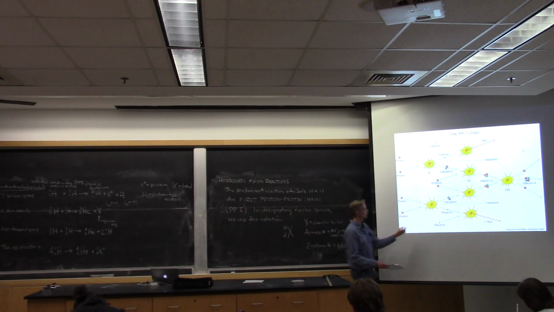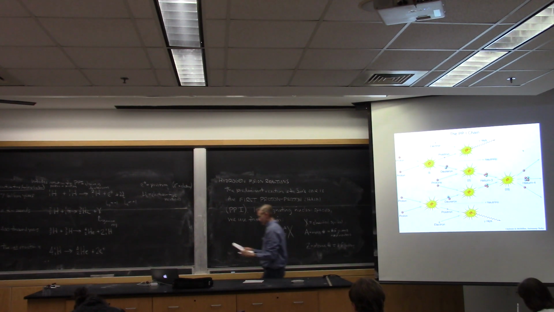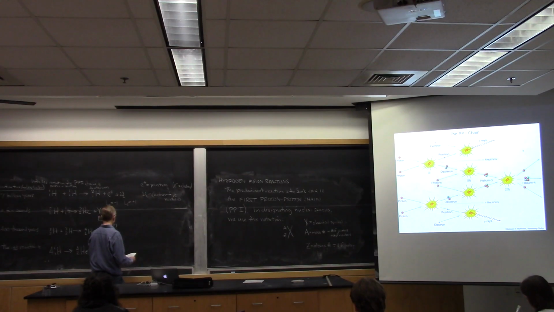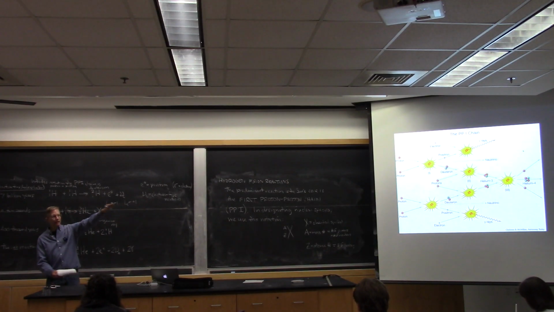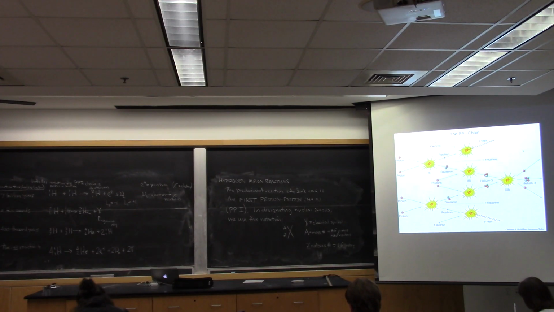Because there's one on this branch, there's one on this branch, plus 2 electron neutrinos, 2 nu-e, plus 2 gamma rays. And these 2's here are again because there's 2 branches. The 2 helium-3s each were associated with the creation of a positron and a neutrino and a gamma ray.